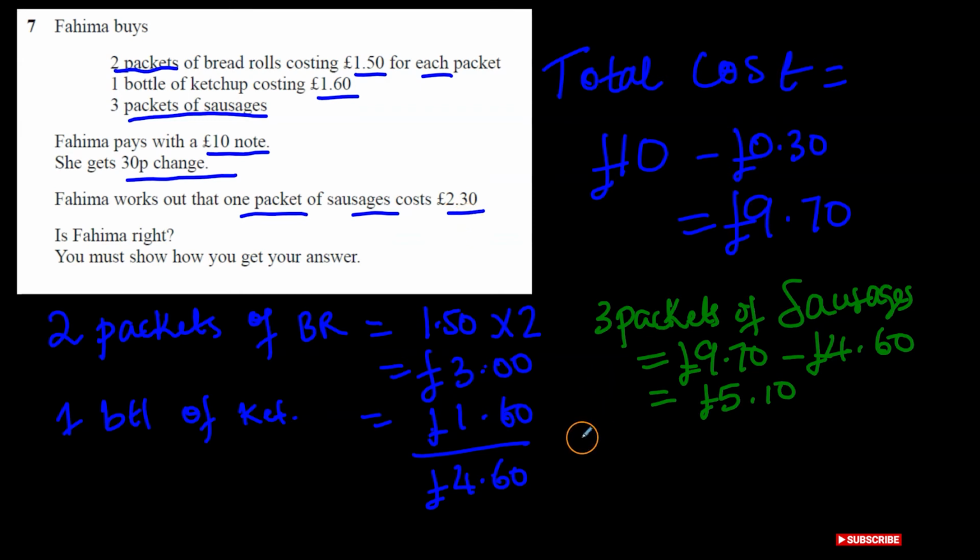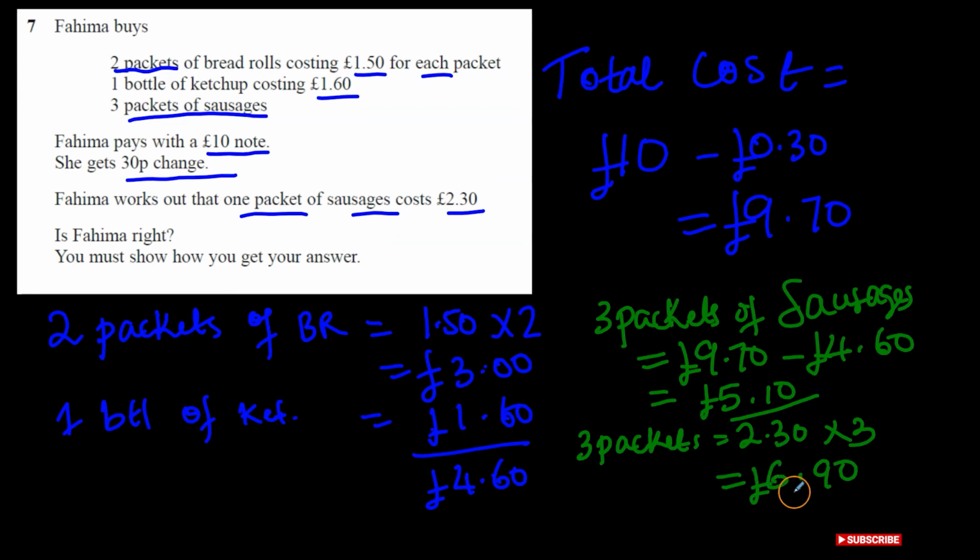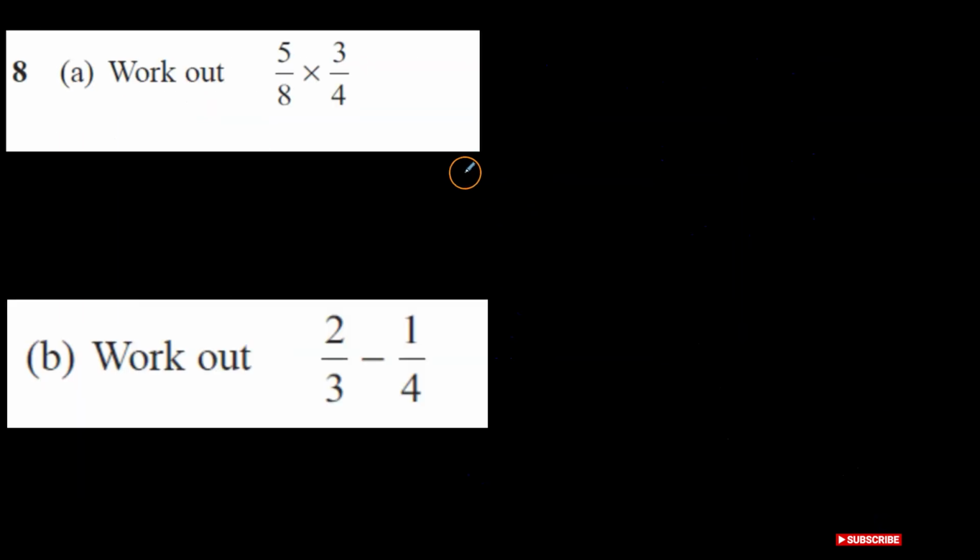So according to Fahima, 3 packets is going to be equal to £2.30 times 3, which is equal to £6.90, which we know is not correct, because according to our calculation we got £5.10 and she says £6.90. So Fahima is wrong.